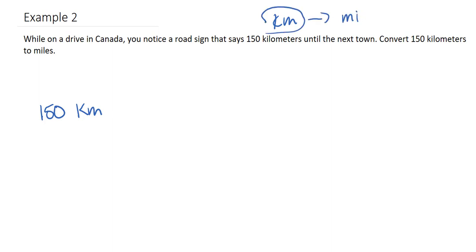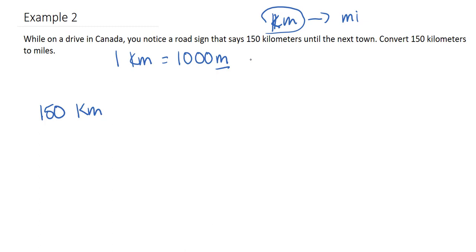Let's start dealing with our relationships. If we look at our conversion sheet, what do we know about kilometers? We know 1 kilometer is equal to 1,000 meters. So that's important. Let's keep going with the meters.